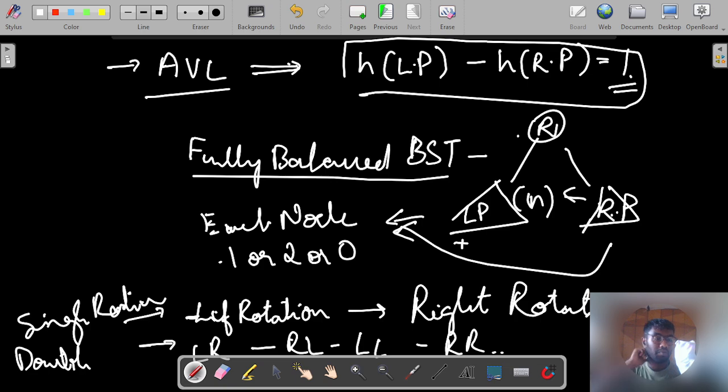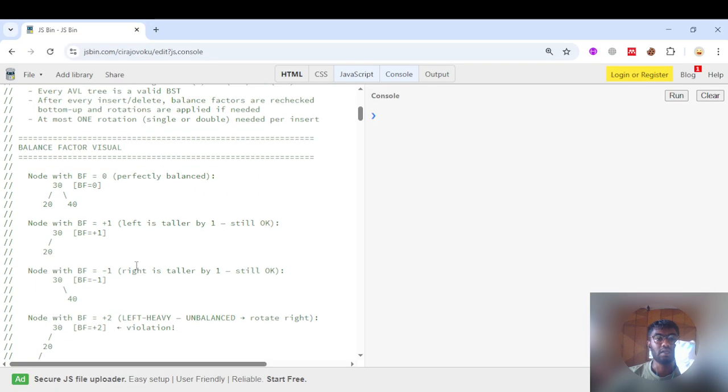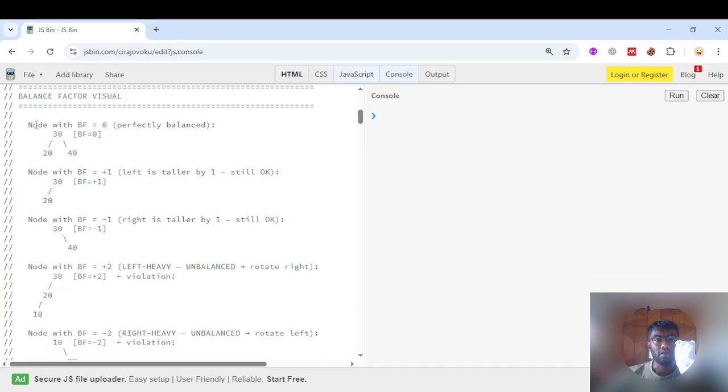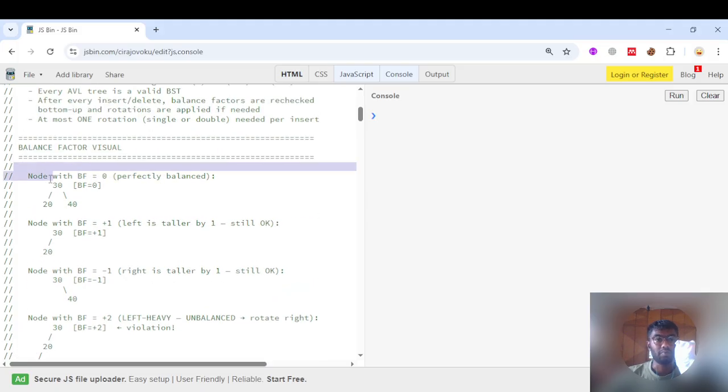And there might be other tree types as I mentioned. I will just paste the code snippets and you will find a description with the code snippet, something like this, just to showcase. So you will find the specific tree type and also the different definitions that the tree has, and the different information that is required to understand that specific tree. Like here there is a balance factor, so this is a perfectly balanced tree.